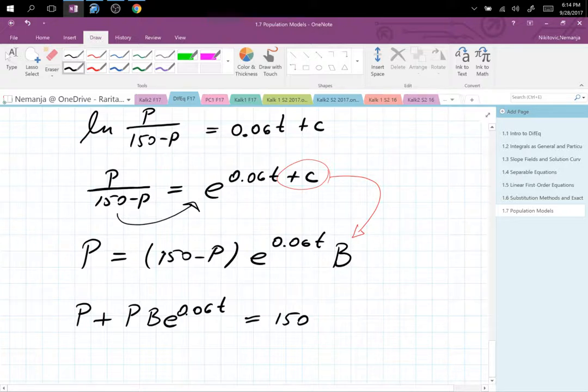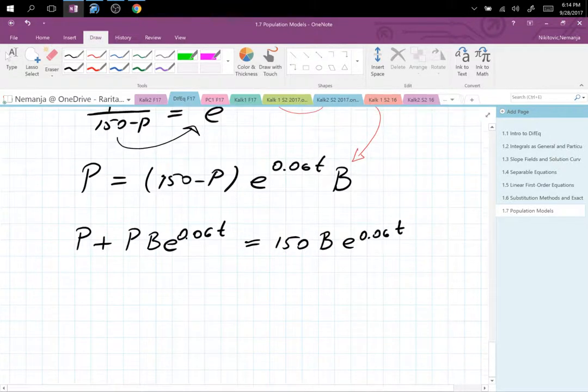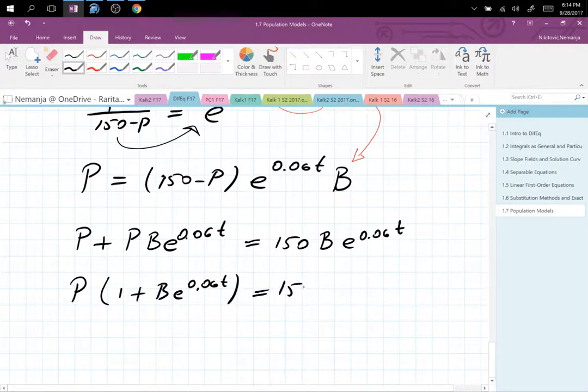I could have put capital K, but I'm going to use the same notation as the textbook, so it's not confusing. 150 B e to the 0.06t. Factor out P: P times (1 plus Be to the 0.06t) equals 150 B e to the 0.06t.